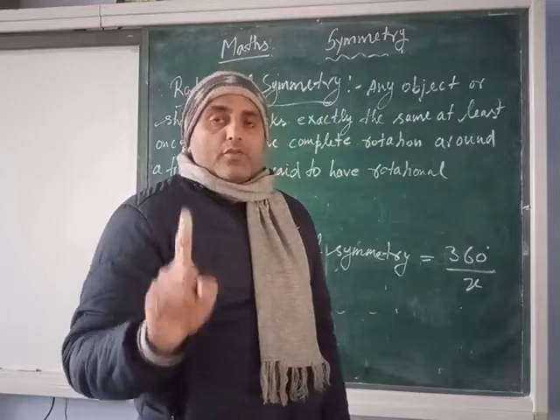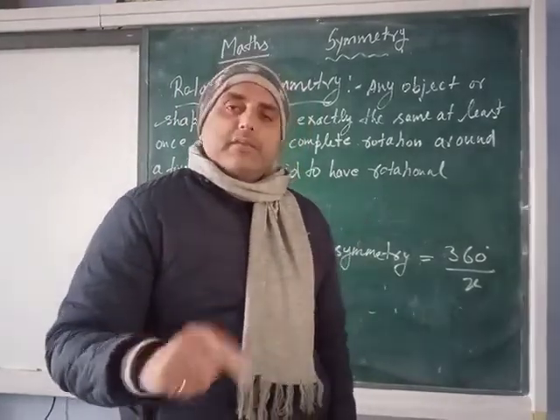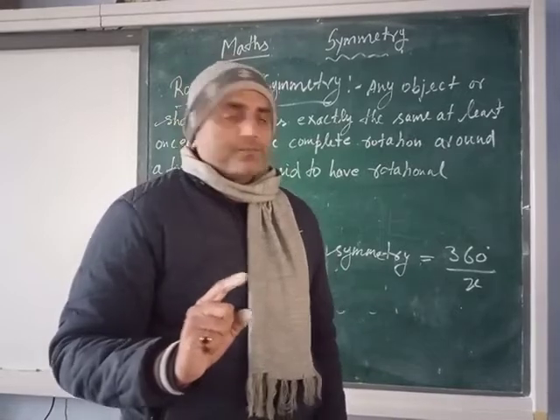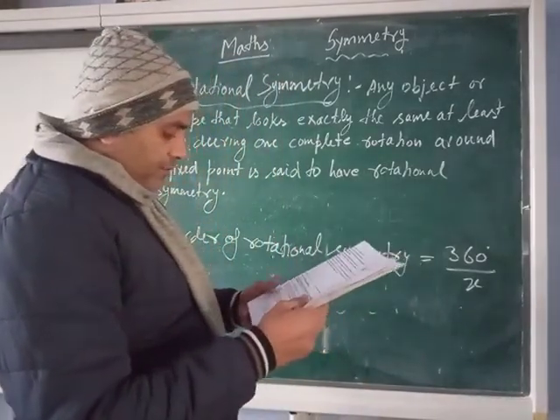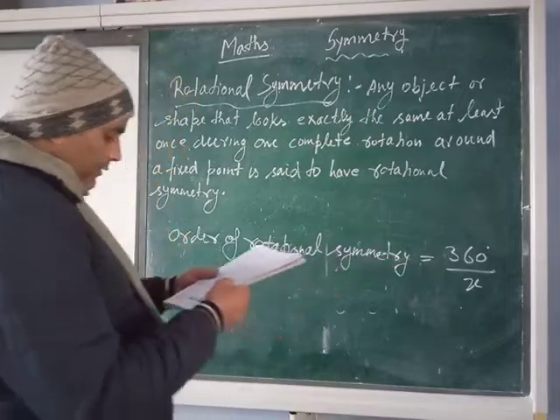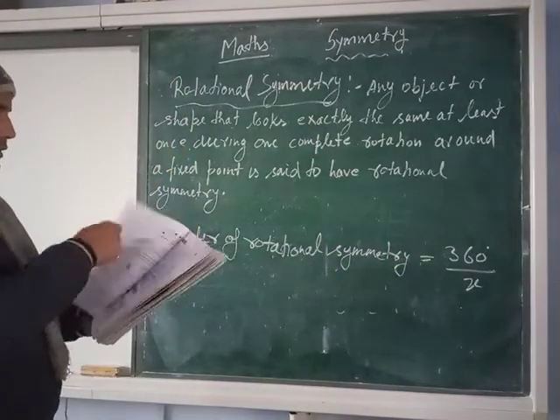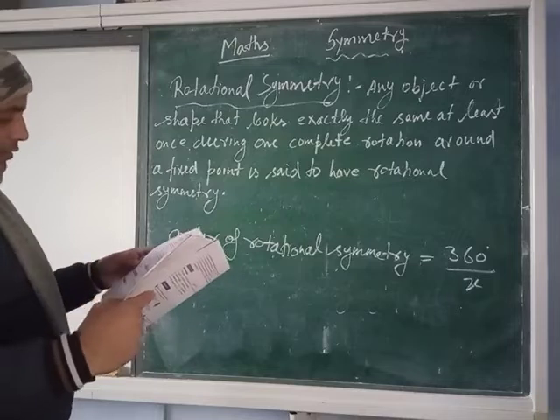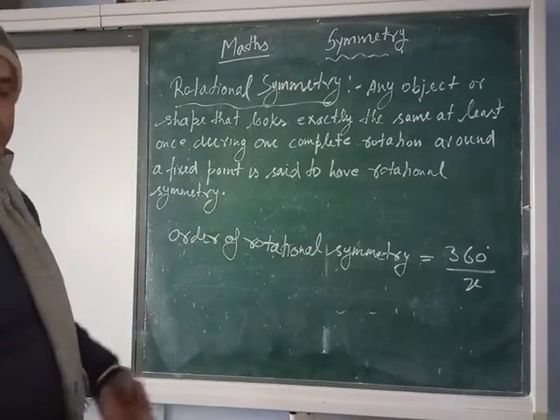So order of symmetry is never 0, but line of symmetry may be 0. How? See some questions, some problems. After this we will solve some problems of this exercise.